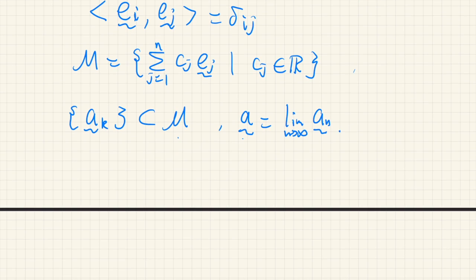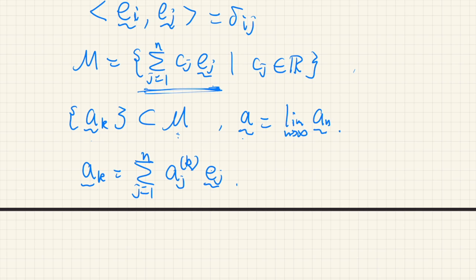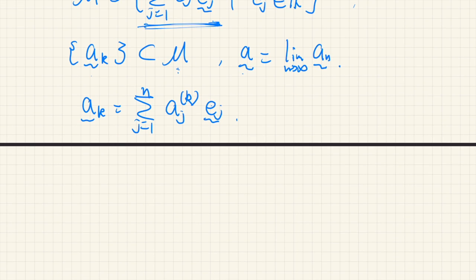Since this sequence belongs to M, that means each term a_k can be represented as a linear combination of this form. So let's write that as the sum over j from 1 to n of a_jk e_j. So for each term a_k, we have these coefficients.